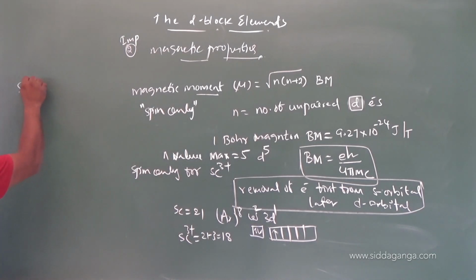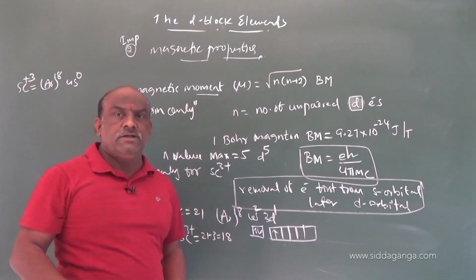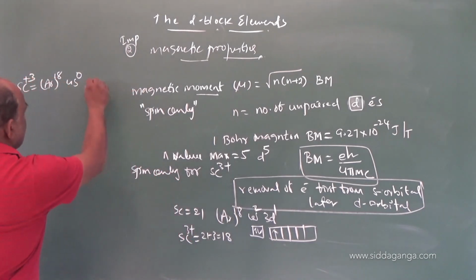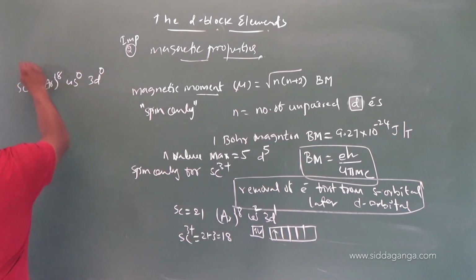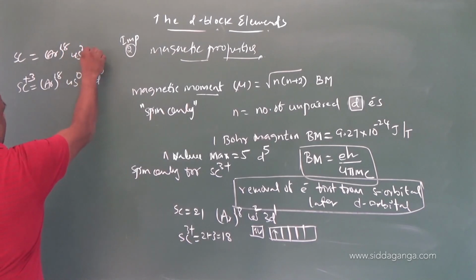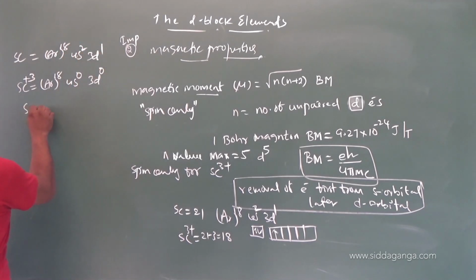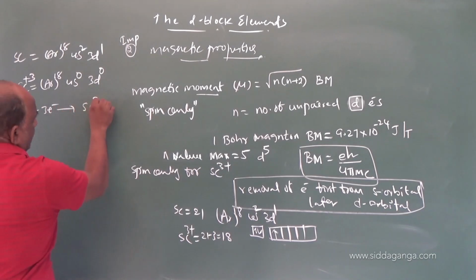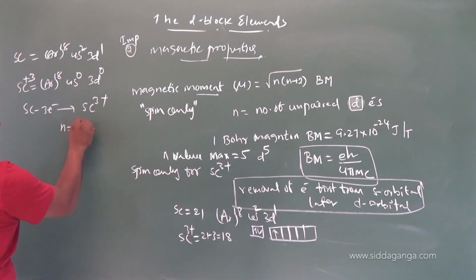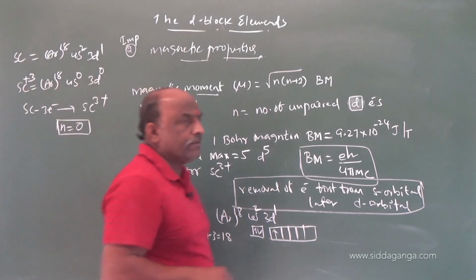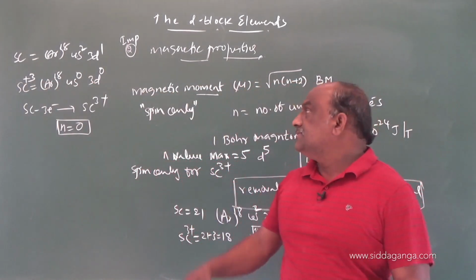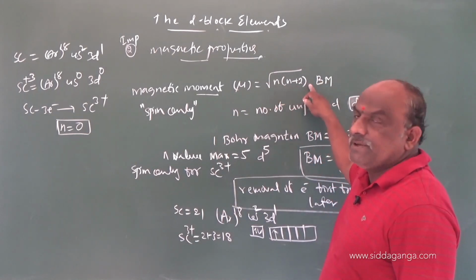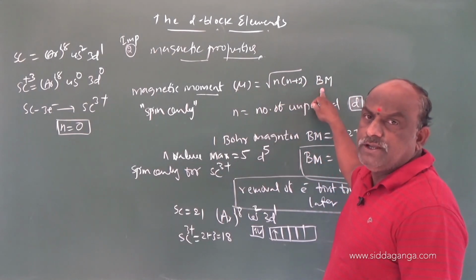Scandium 3 plus electron configuration is argon 18. First removal takes place from the 4s orbital, and next is 3d0. Scandium is argon 18, 4s2, 3d1. Scandium minus 3 electrons gives scandium 3 plus. So what is the n value? The n value is 0. Substituting 0 in this equation, root of 0 into 0 plus 2 gives 0 BM.